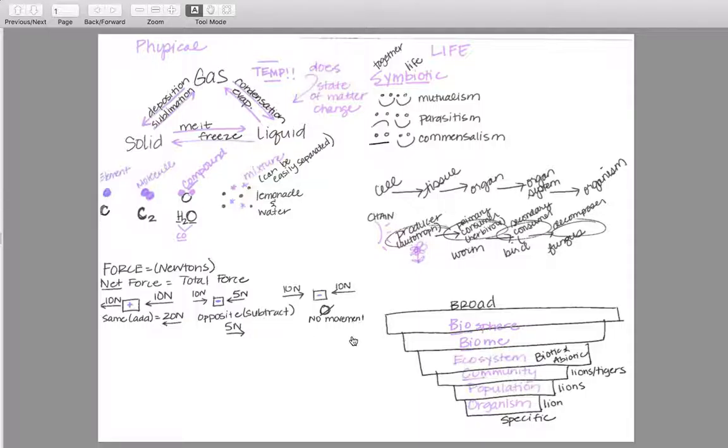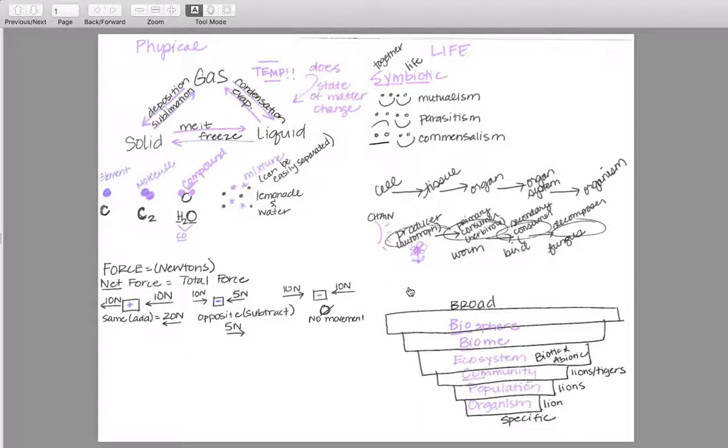And then you might have an example where when you add them up or subtract them, it comes out to be 0. If you come up with a 0 net force, it just means that there's no change in motion of the item. It's not going to change directions or speeds or maybe even move. It's nice and balanced. It's just going to kind of hang out there. So that's kind of the nice review for physical science.